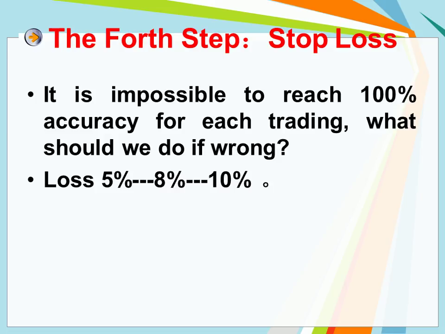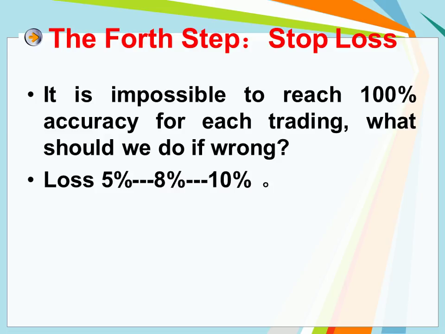But this is the buy price, right? Okay, then the price goes down to 1.8. Will you stop loss or just keep it? How to set the stop loss point? 5% to 10%. Okay, maybe you can bear around 10%. Then you can wait and see.